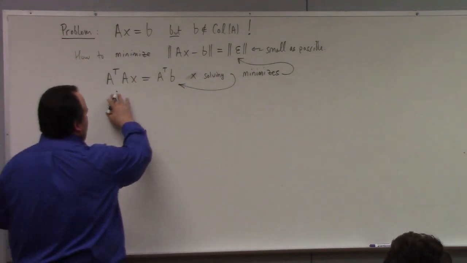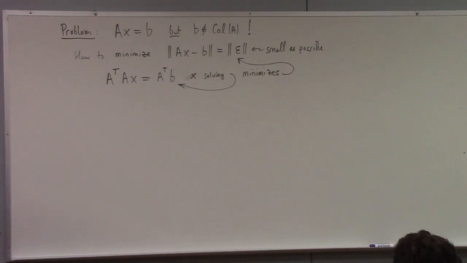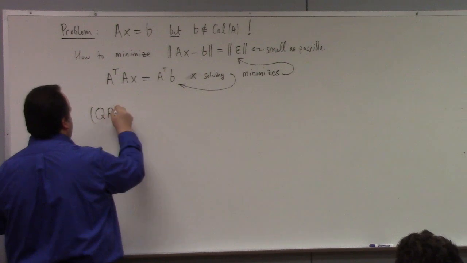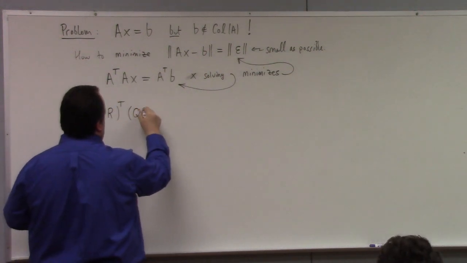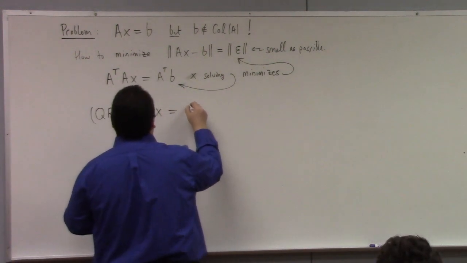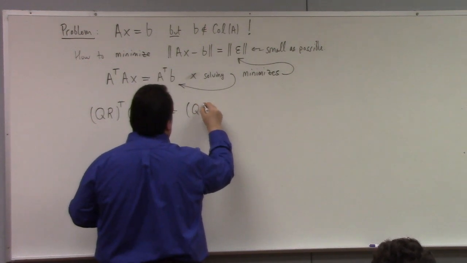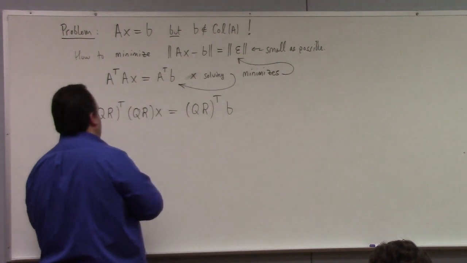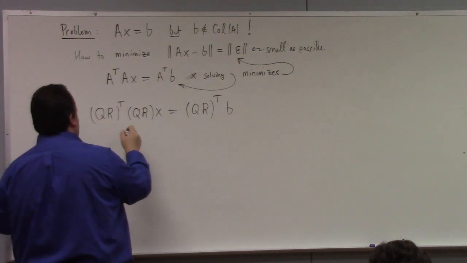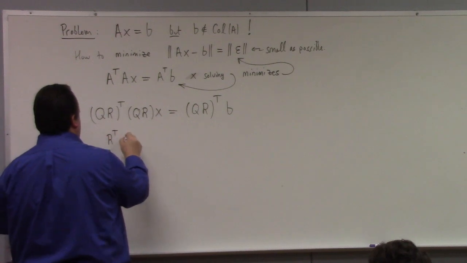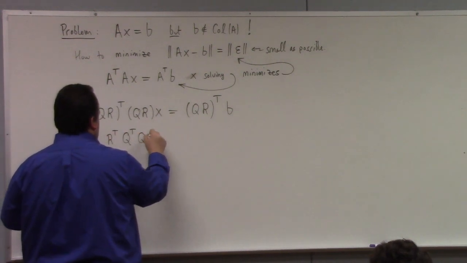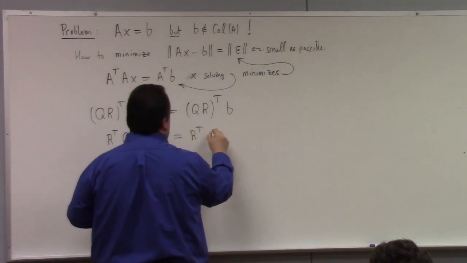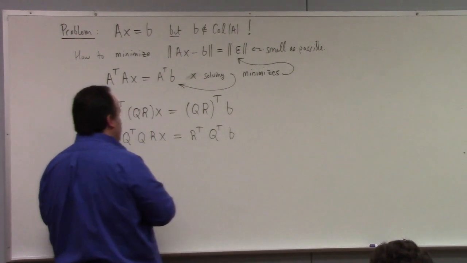But what does this look like? If we take the QR decomposition, what's this look like? You got yourself a Q, an R, you transpose it. And then you got yourself a Q, an R times x. And you've got a Q and an R transpose times b. What's that work out to? You got yourself R transpose Q transpose QRx equals R transpose Q transpose b.